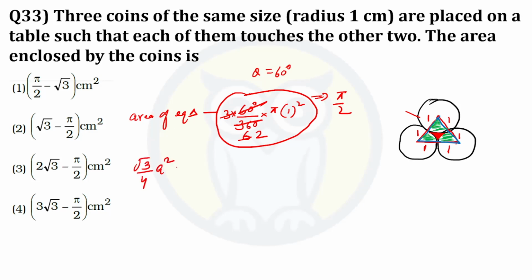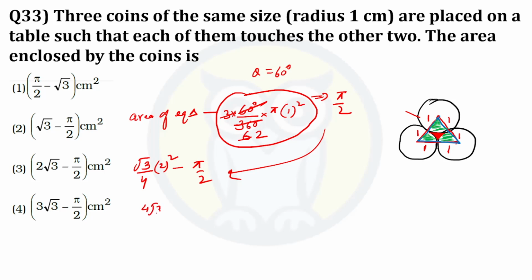Now the side of the equilateral triangle is 1 plus 1, which is 2. So a is 2, and 2 square is 4.